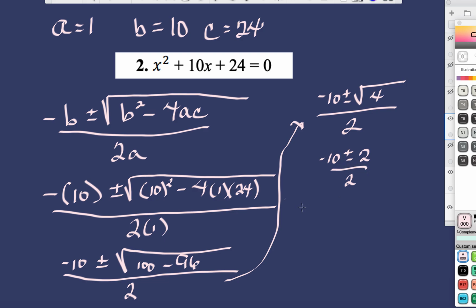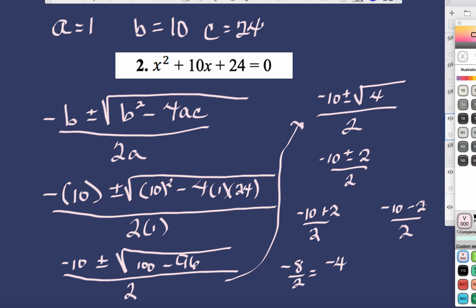Ready? We're going to solve both. Negative 10 plus 2 divided by 2, and negative 10 minus 2 divided by 2. All right? Negative 10 plus 2 is negative 8 divided by 2, which equals negative 4.